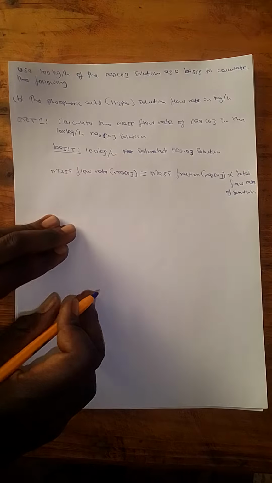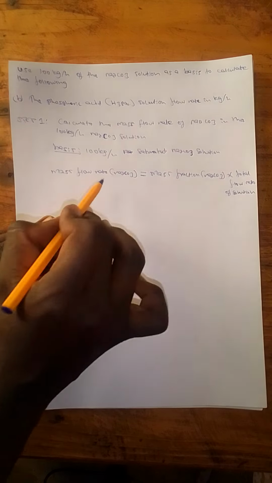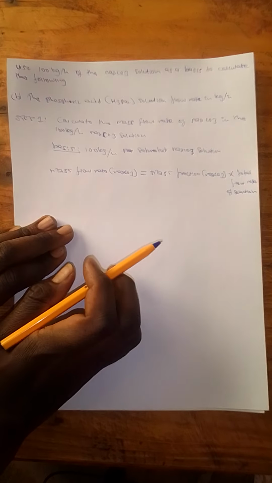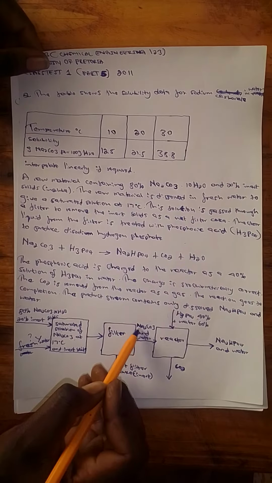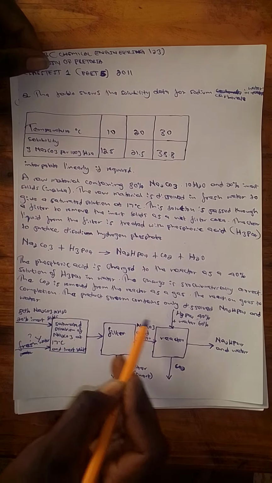I hope it's clearly visible. So the mass flow rate of Na2CO3 is the mass fraction of Na2CO3 multiplied by the total flow rate, which means it's actually the mass fraction of Na2CO3 multiplied by the total solution here.